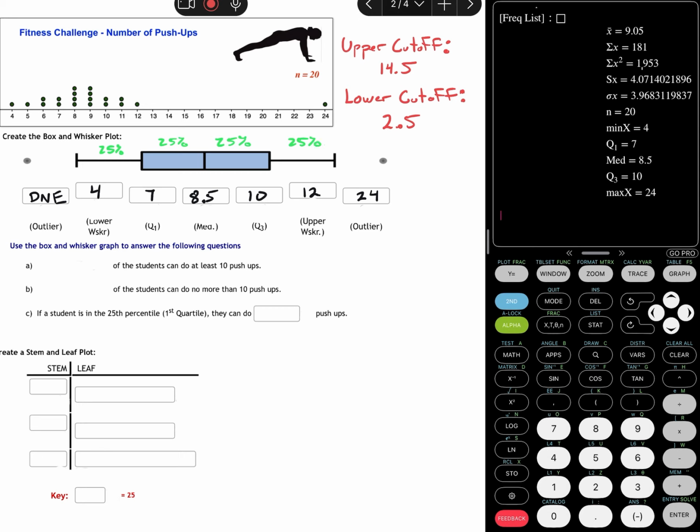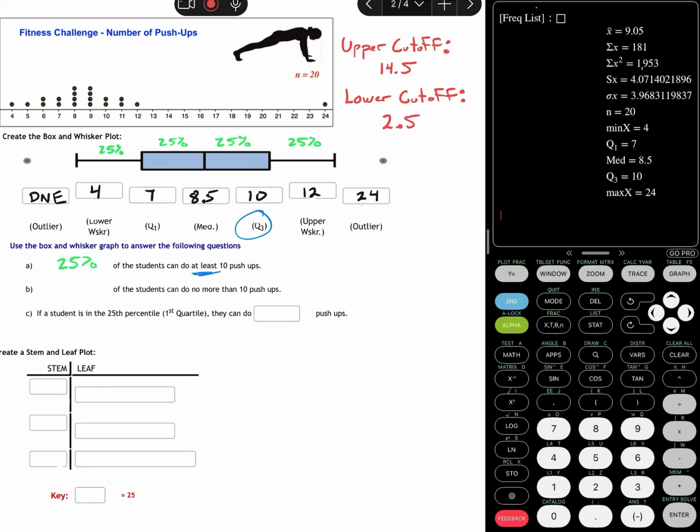So when we ask you these questions on here, what percent of students can do at least 10 push-ups? Well, we see 10 is right here with your Q3, so at least means more than 10, so that's how many percent are above, and so then that would be 25% can do more than 10 push-ups. And then how about what percent can do no more than 10?